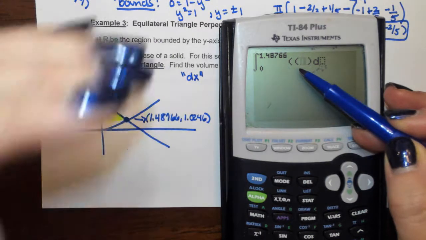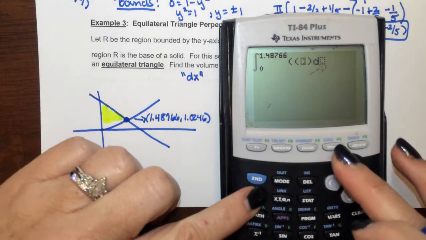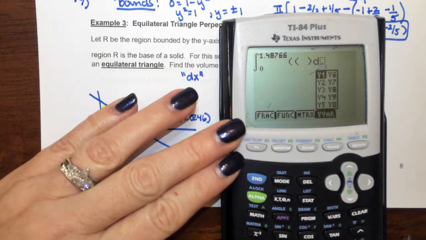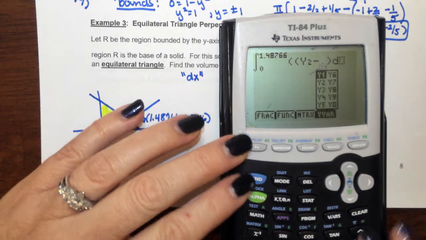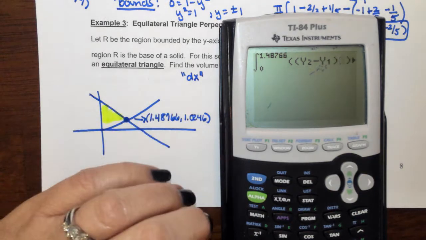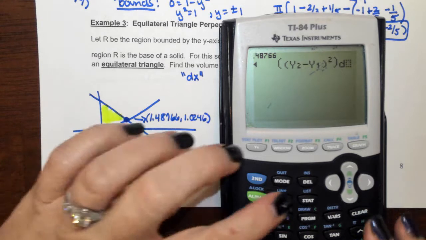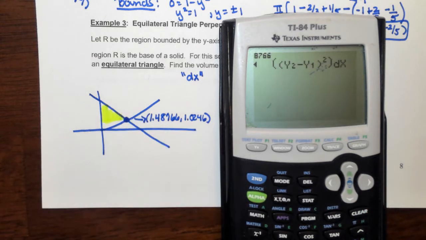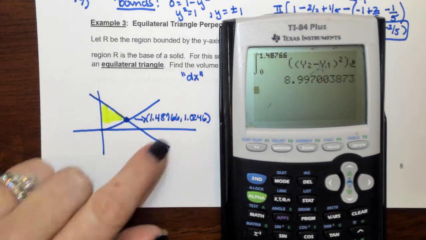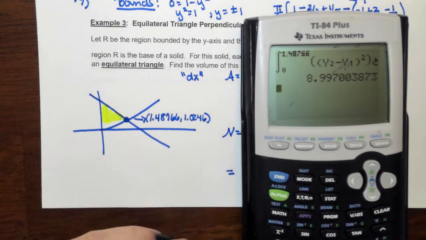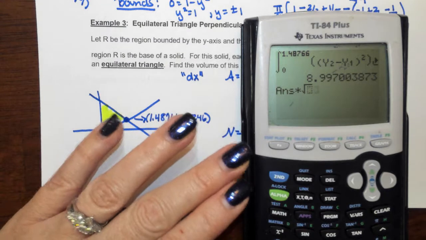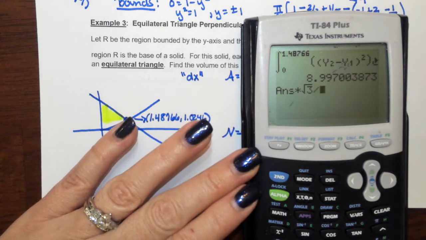So you want to open up another set of parentheses, and go to alpha trace y2 minus alpha trace y1. Close your parenthesis, and you want to square it, dx. And then remember, you have to multiply this by the square root of 3 over 4. So we get 3.896.